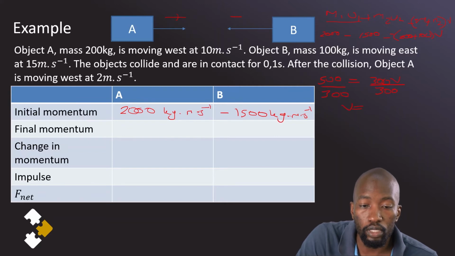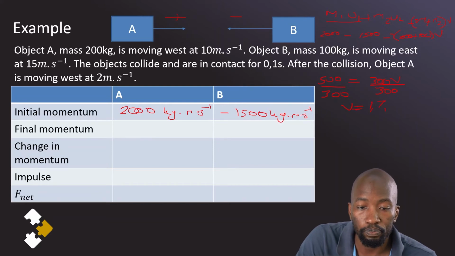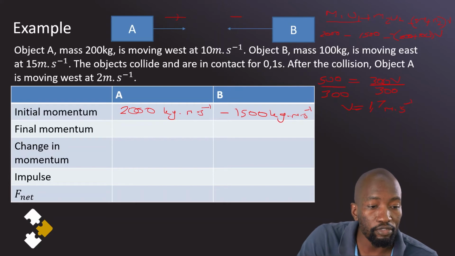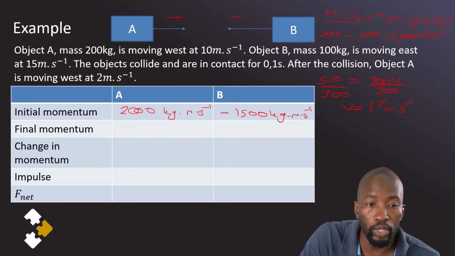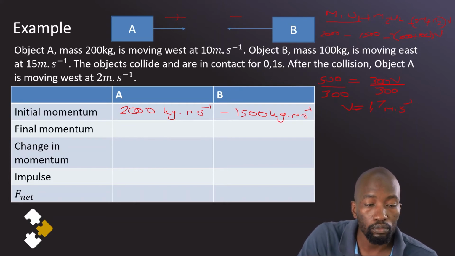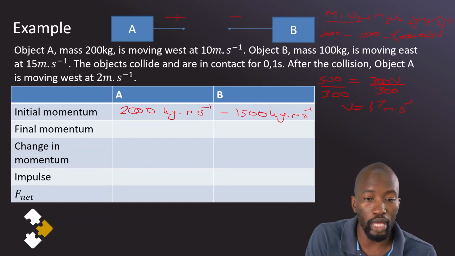Then V is equal to 1.7 meters per second. There we go. Now we can find the final momentum of A. How do we do that? We just take 200 multiplied by 1.7. Let's quickly do that on our calculators.